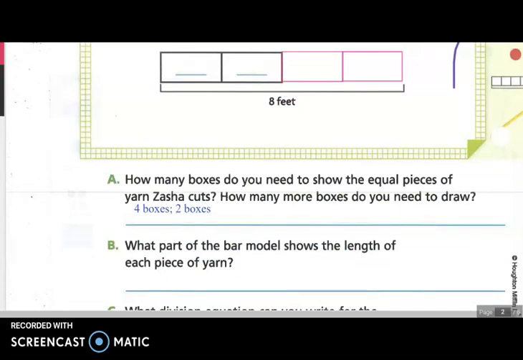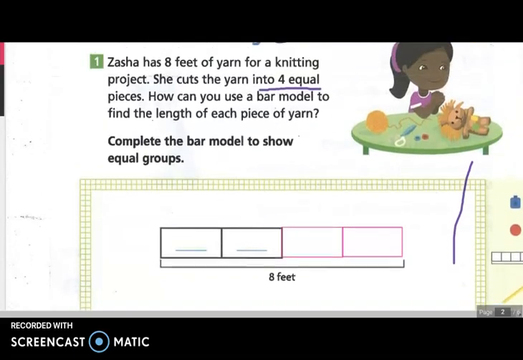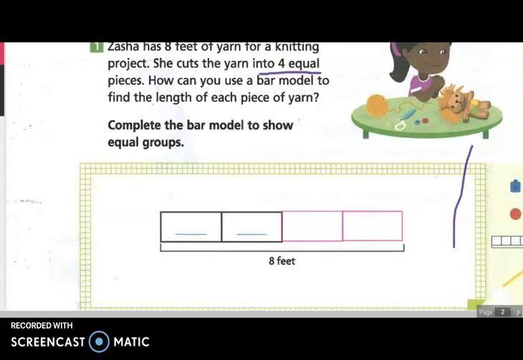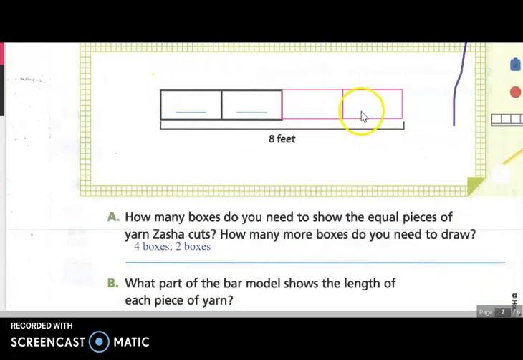Then part B says, what part of the bar model shows the length of each piece of yarn? We need to figure that out. If we have 8 and we divide it into 4 equal groups, how much is each group? 4 times what makes 8? 2. Okay?